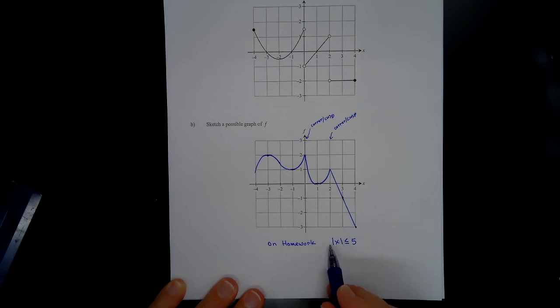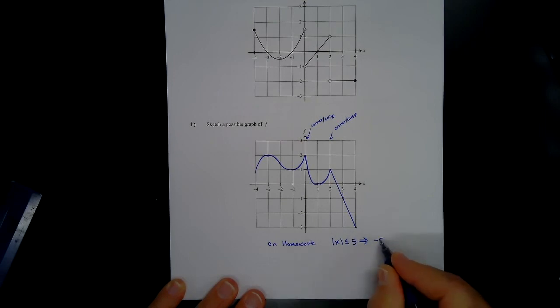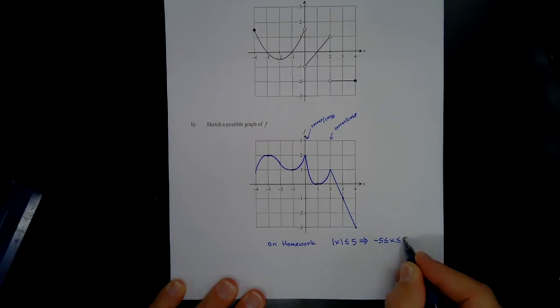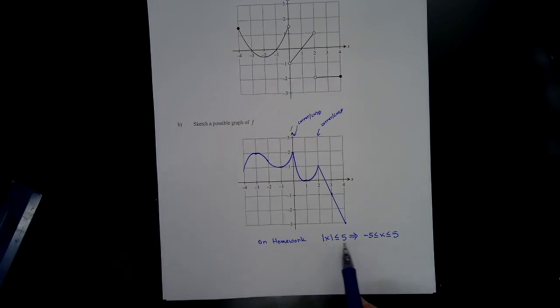That means all the distances that are less than 5. So what this means is that we're talking about all the numbers that are between -5 and 5. So this translates into -5 is less than or equal to X, which is less than or equal to 5. So you're going to need that. This is talking about all the X values between -5 and 5.